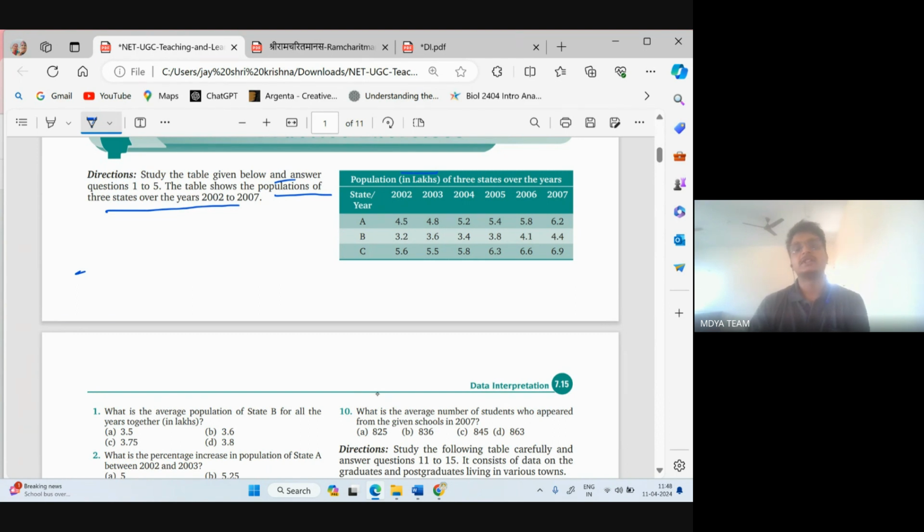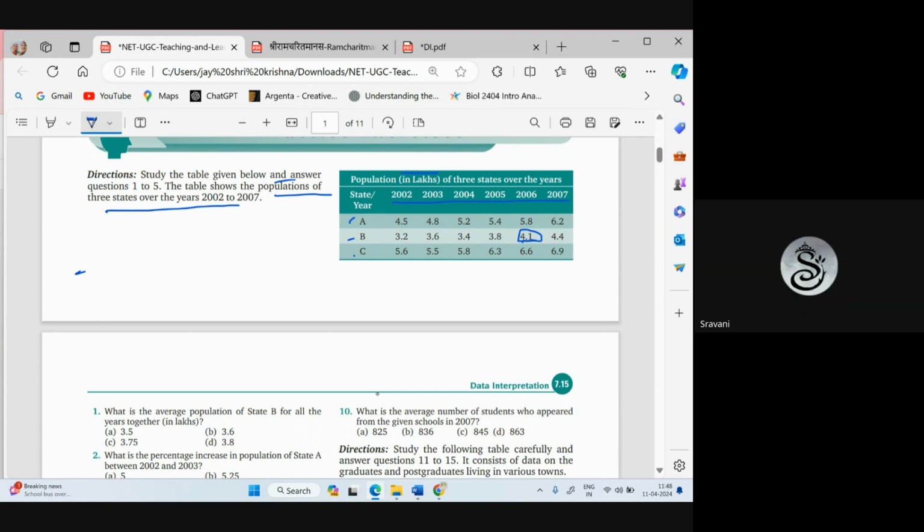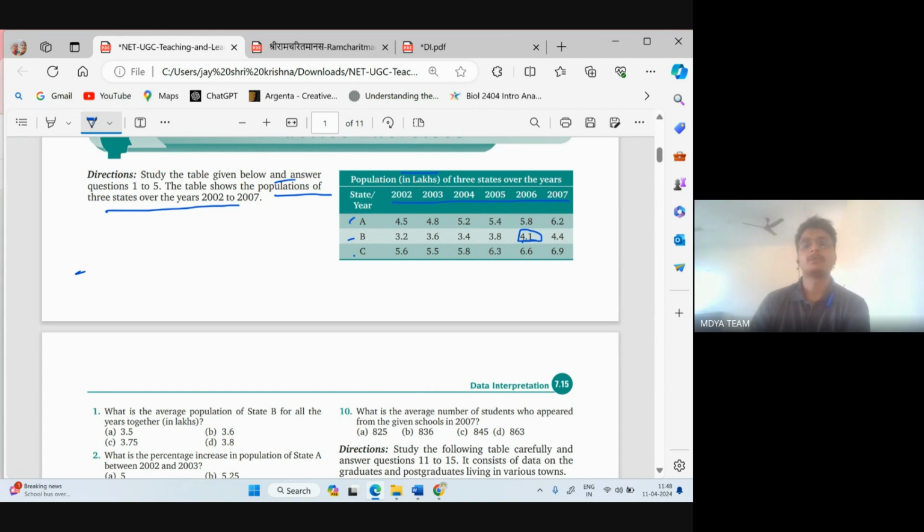This is state A, this is state B, this is state C, and this is the year. What is this 4.1 indicating? The population of state B in the year 2006. I think everyone can read the table.